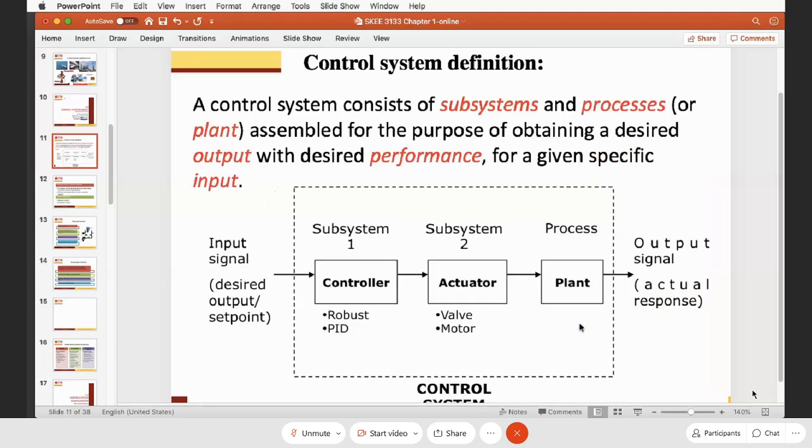Okay, so we go to the basic definition of control system. Okay, so when you draw your system, hopefully your system can be drawn as a block diagram.